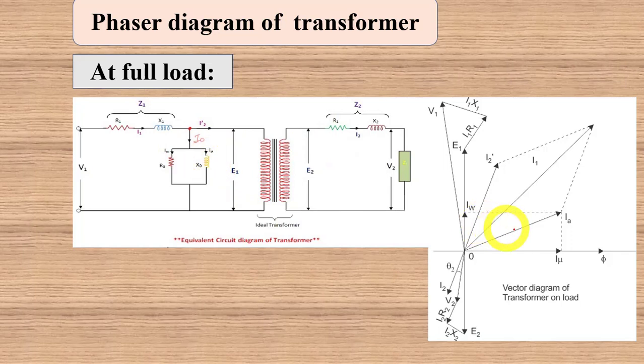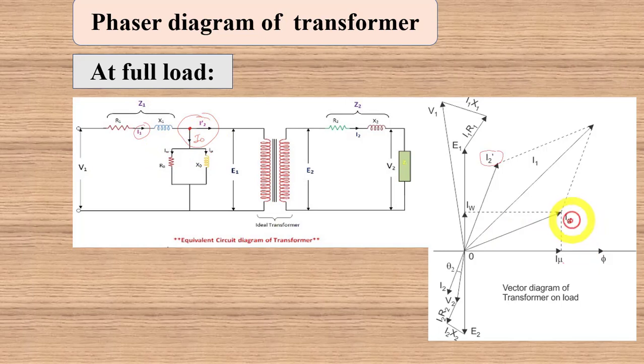So I2 dash is here and I0 is here, and the vector sum of these two currents gives I1. Further, I0 breaks into two components, I mu and IW, and the sum of I mu and IW is I0.